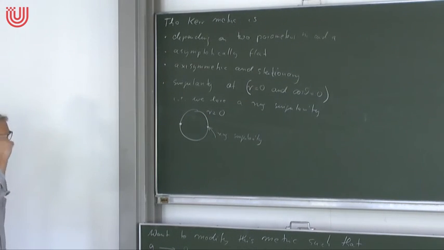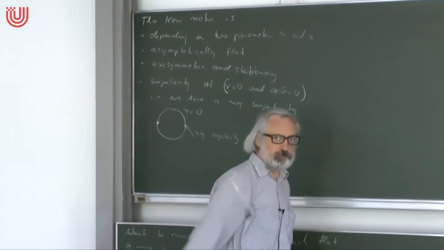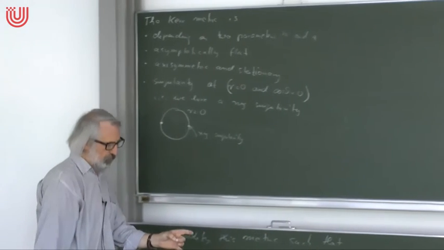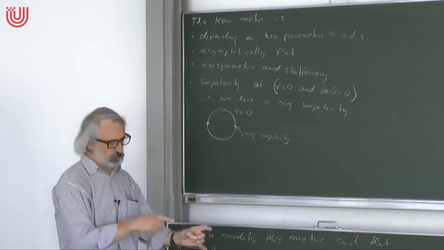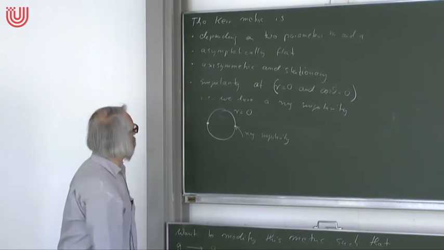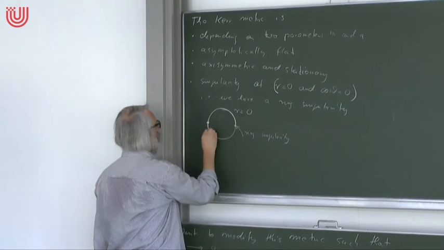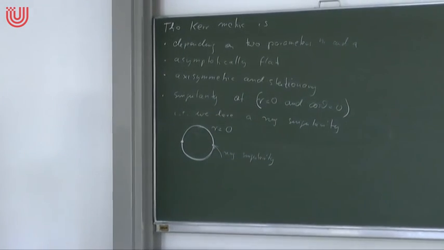This was not possible in the Schwarzschild case because we would have to cross a singularity at r equals 0. In the Kerr case, we can go into the area r smaller than 0 without crossing the singularity. We have just to be careful that we don't hit the ring singularity. There we can go through one of these hemispheres here without encountering a singularity.